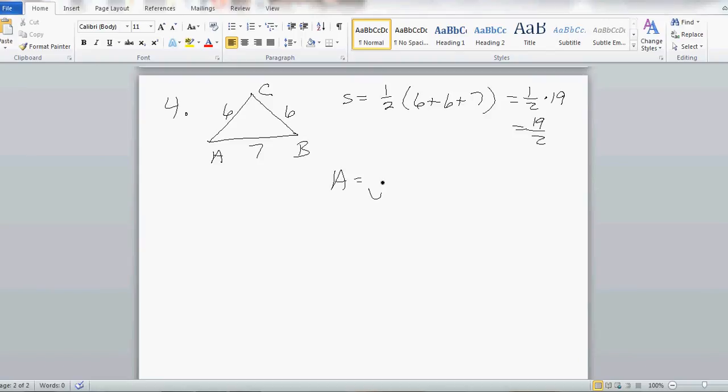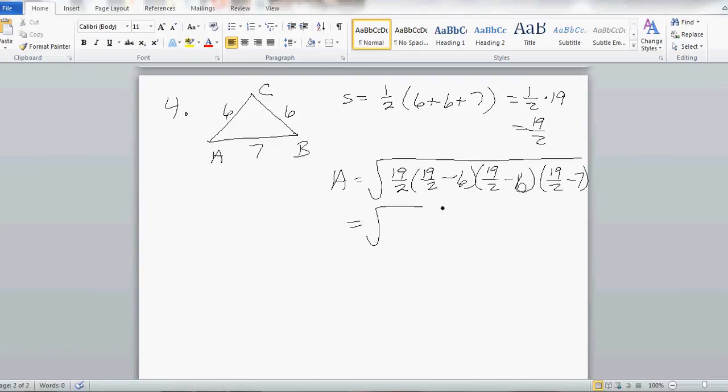So the area will equal the square root of S times S minus A times S minus B times S minus C. So that will equal 19 halves times 7 halves times 7 halves times 5 halves, which will equal, whatever 19 times 7 times 7 times 5 is, that'll be 4,655.